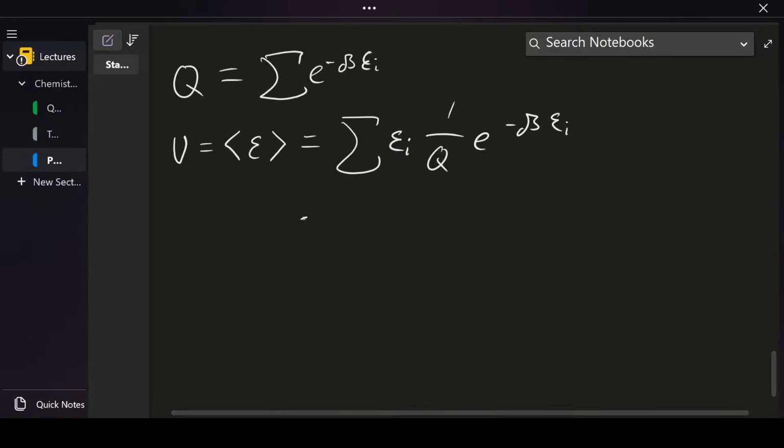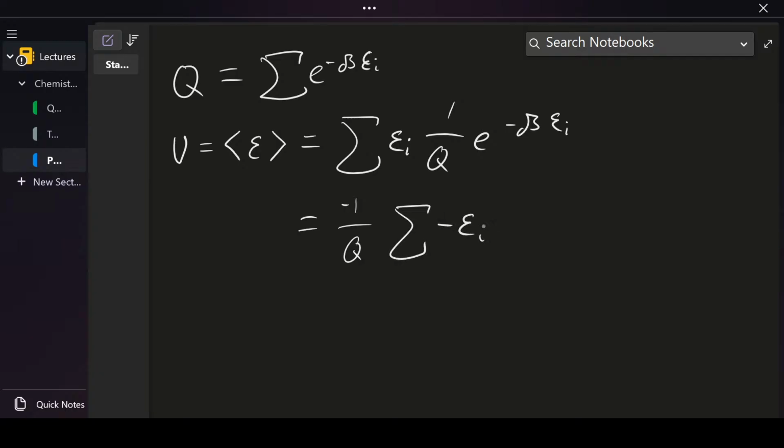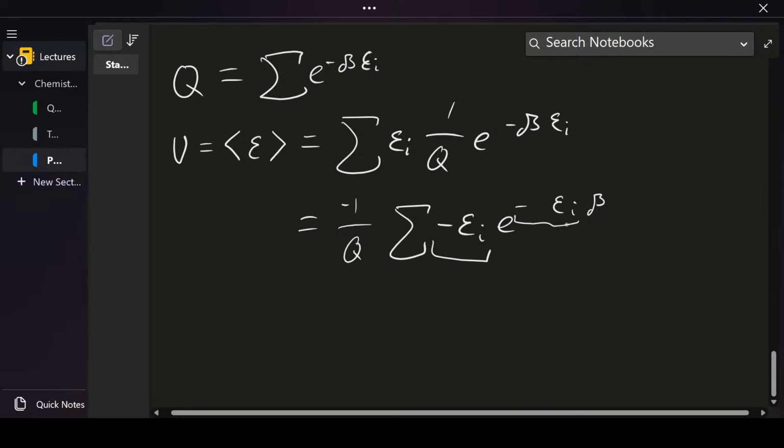And so the trick to this, well, I can take q out first, and then I'm also going to take a negative out. And so now inside my sum, I have negative epsilon_i, e to the negative beta epsilon_i. And now you can see that I've got this negative epsilon_i here, and I've also got a negative epsilon_i here. So I'm going to move the beta to this side to make it a bit more clear.